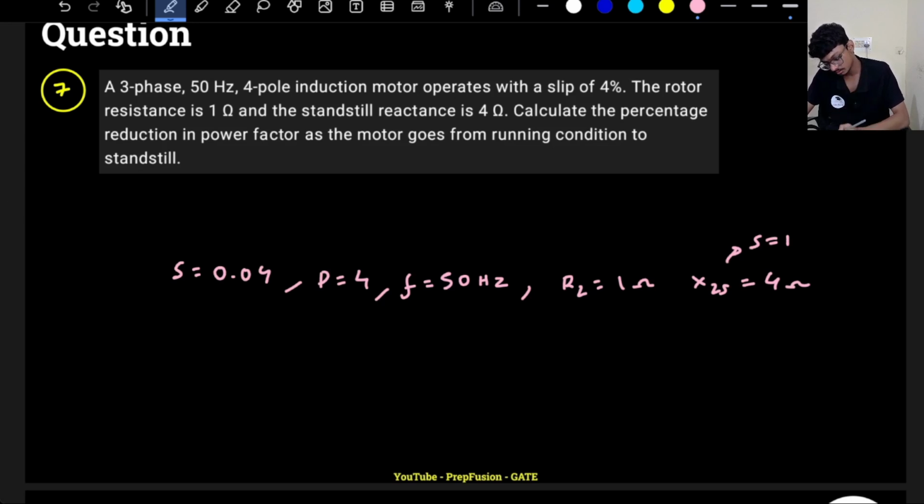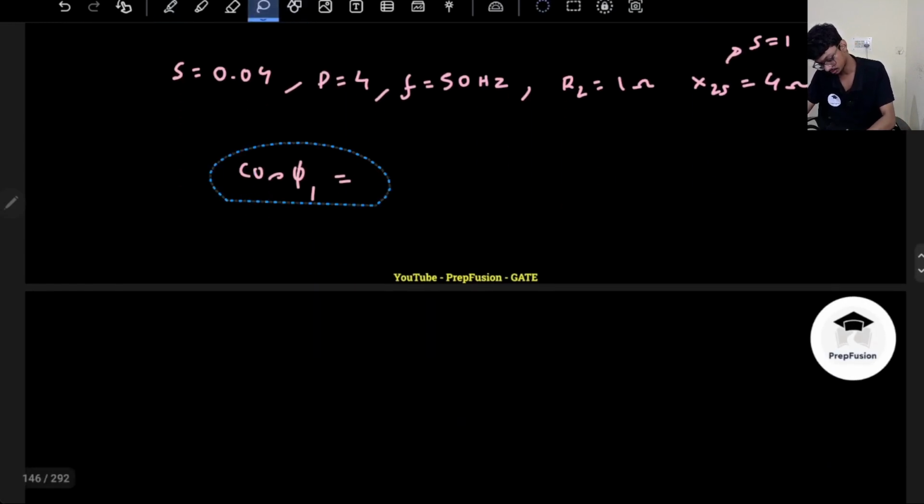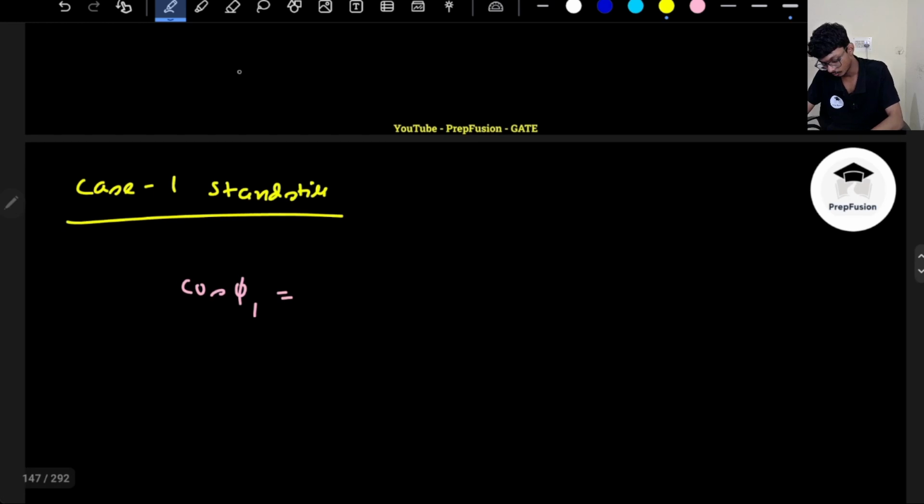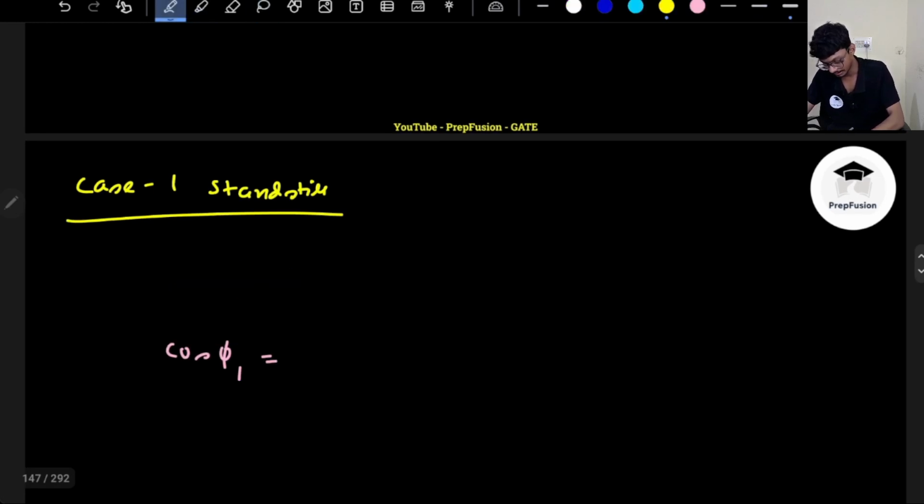So what is the power factor at standstill? Let me write cos phi s in case 1, under the standstill condition. In the standstill condition the rotor is not rotating, so NR is 0.